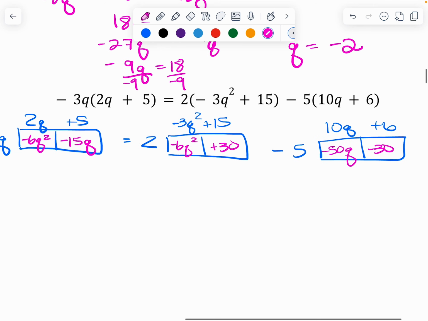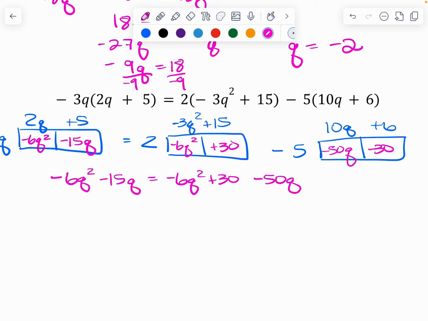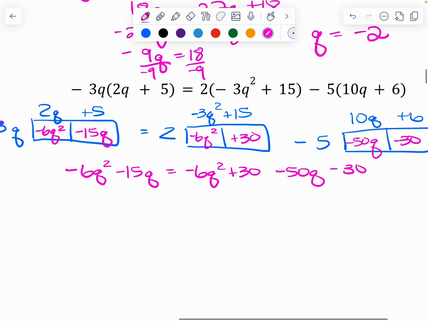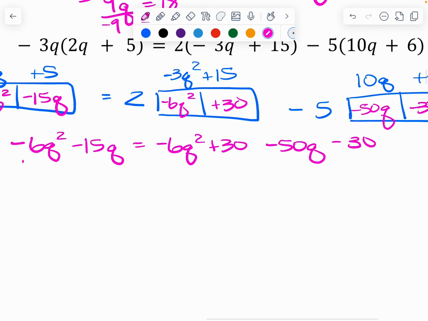So if I was to write this, negative 6q squared minus 15q equals negative 6q squared plus 30 minus 50q minus 30. Okay, I add 6q squared to both sides.